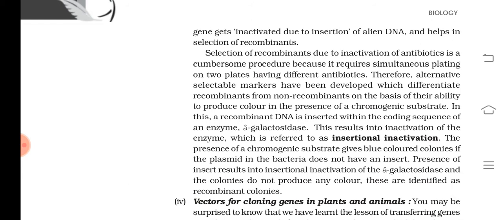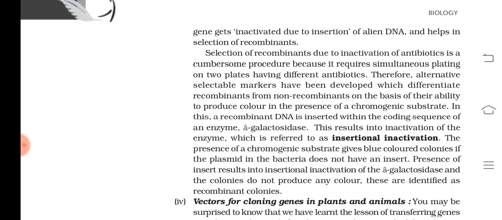So this selection of recombinants due to inactivation of antibiotics is a very tedious process, a very hard process, because we have to grow this type of organisms on two plates. Simultaneous plating means we have to grow them on two plates having two different antibiotics.